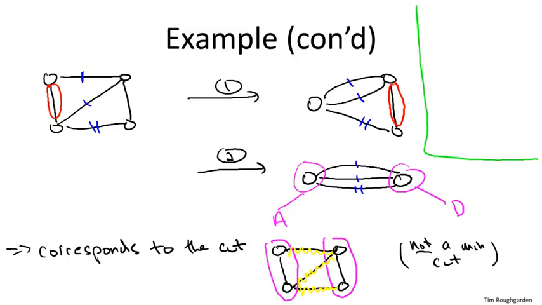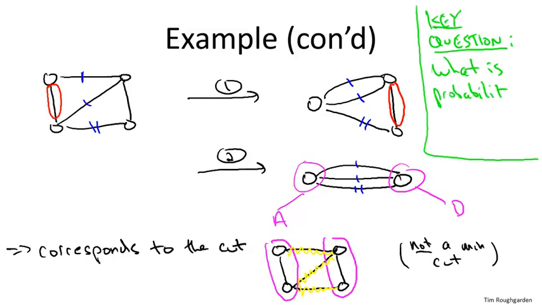So the obvious question is, is this a useful algorithm? So in particular, what is the probability that it gets the right answer? And we know it's bigger than 0, and we know it's less than 1. Is it close to 1 or is it close to 0? So we find ourselves in a familiar position. We have what seems like a quite sweet algorithm, this random contraction algorithm, and we don't really know if it's good or not. We don't really know how often it works, and we're going to need to do a little bit of math to answer that question.